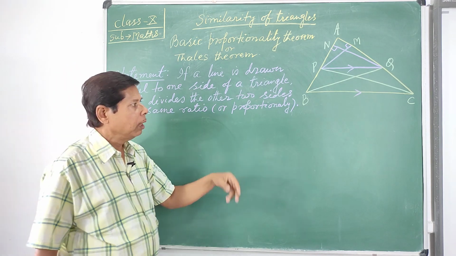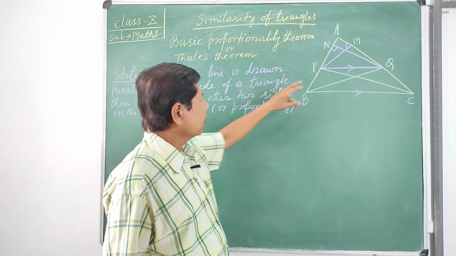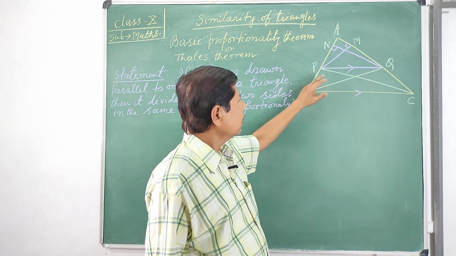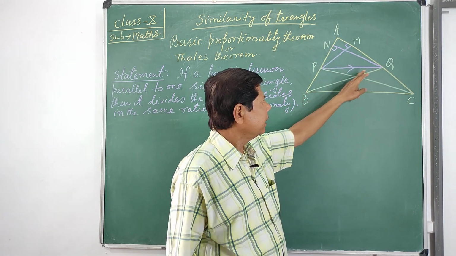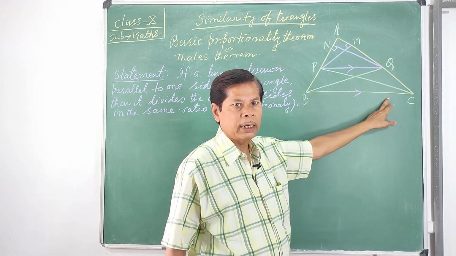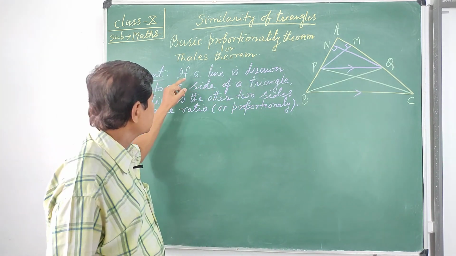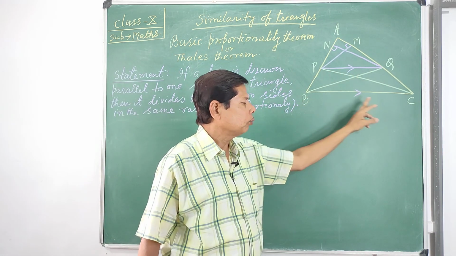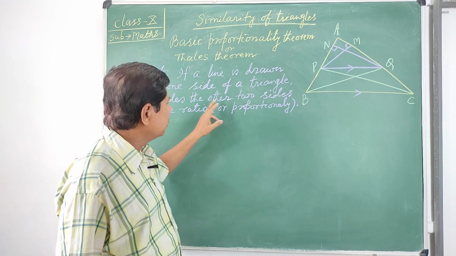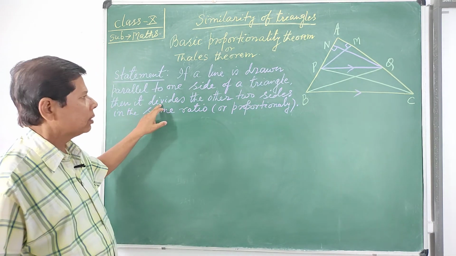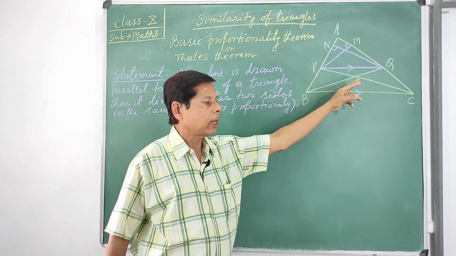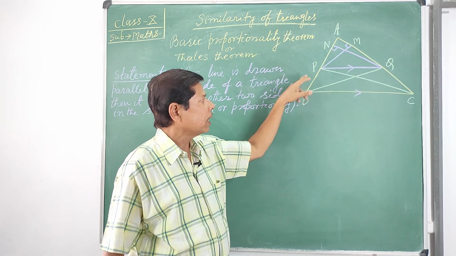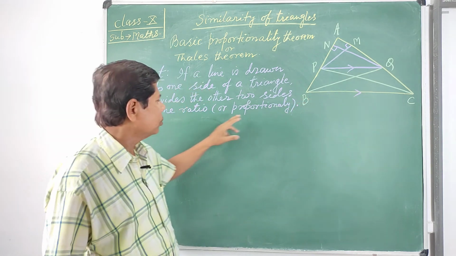What does it mean? In a given triangle ABC, the line PQ is drawn parallel to one side, that is BC. Then it divides the other two sides, which are AB and AC, in the same ratio.